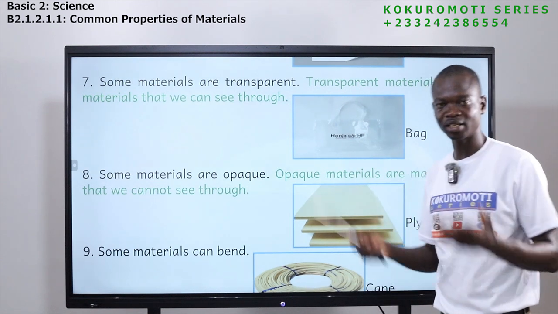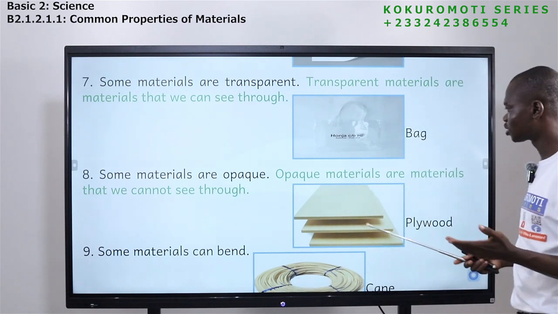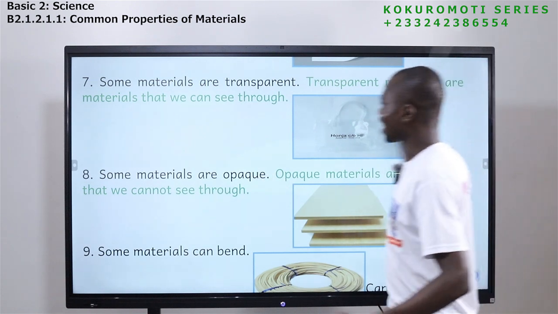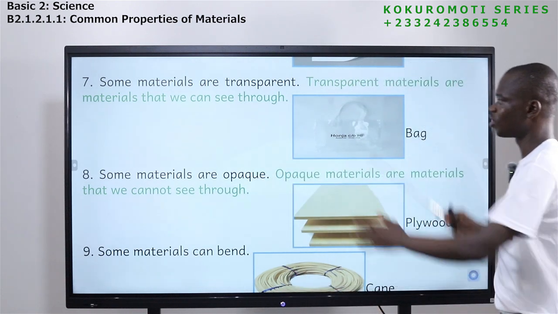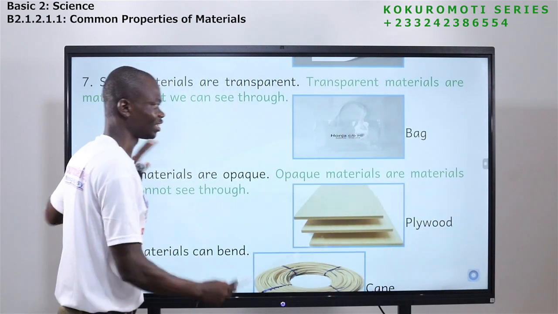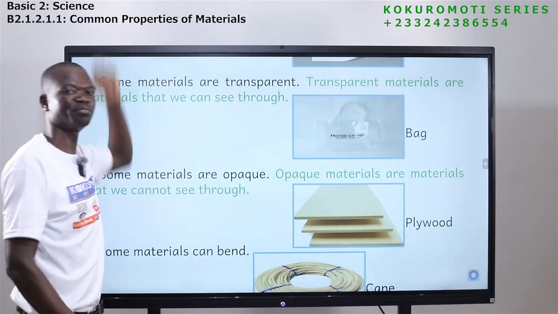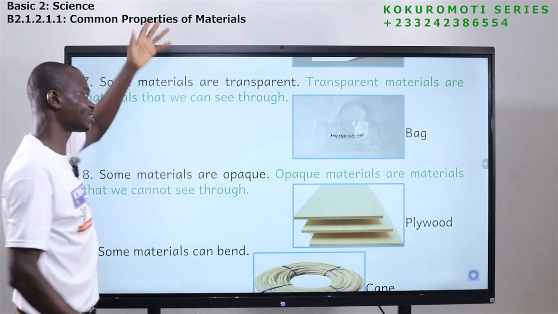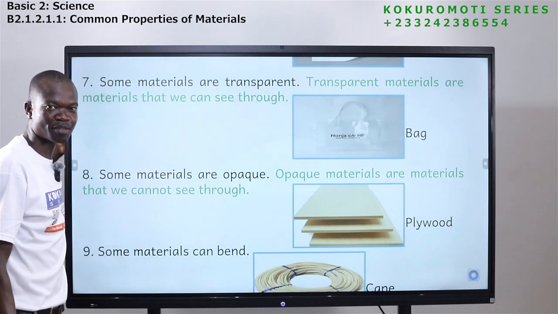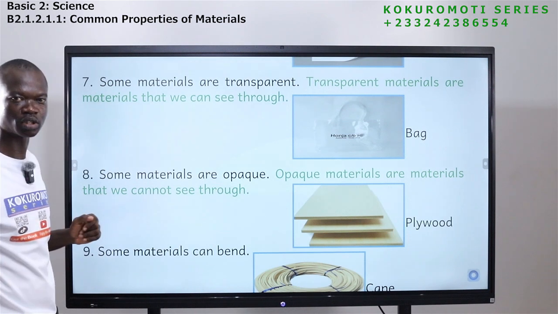Plywood is an opaque material because we cannot see through plywood. If this board is a plywood, I cannot see behind. Even with this one, I can't see behind because we have metals at the back, and we can't see through metals as well.